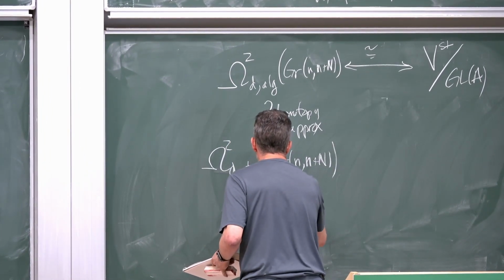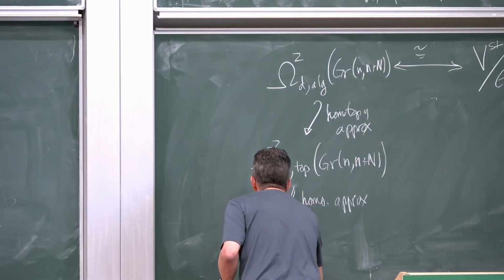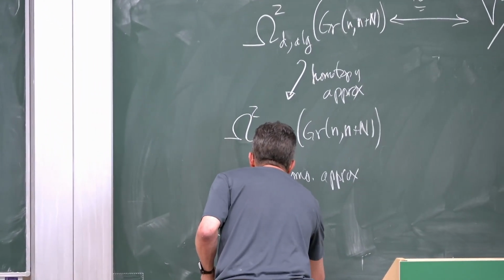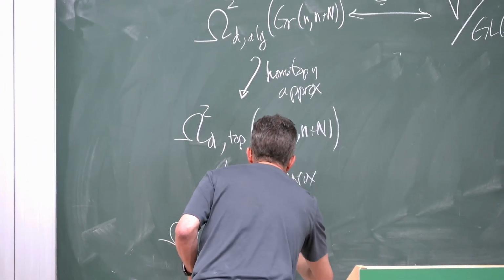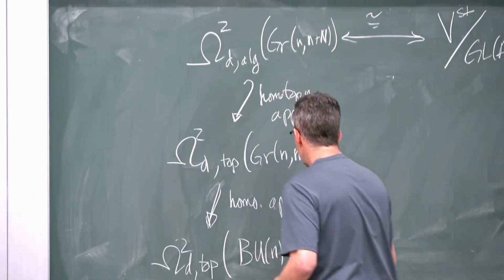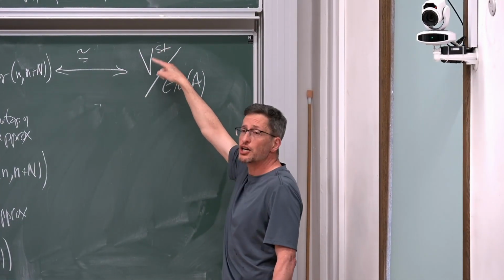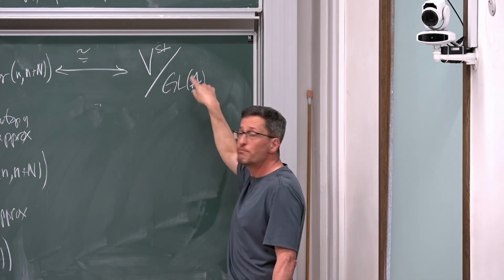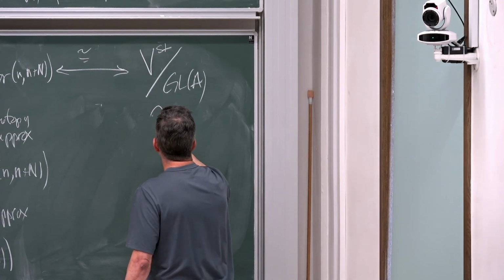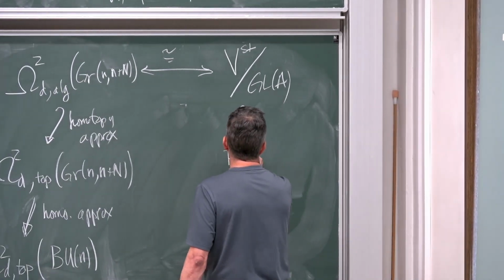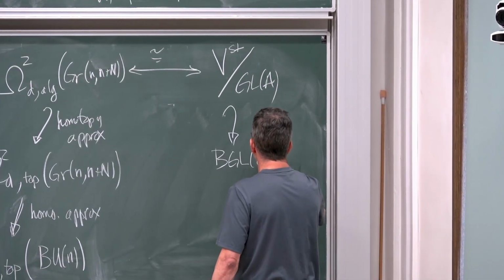So another homotopy approximation to topological loops on BUN. On the other hand, this is a vector space minus a closed set divided by a group. So the inclusion into the whole vector space maps to BGL A, and A is dimension d, so this is a BGL d.